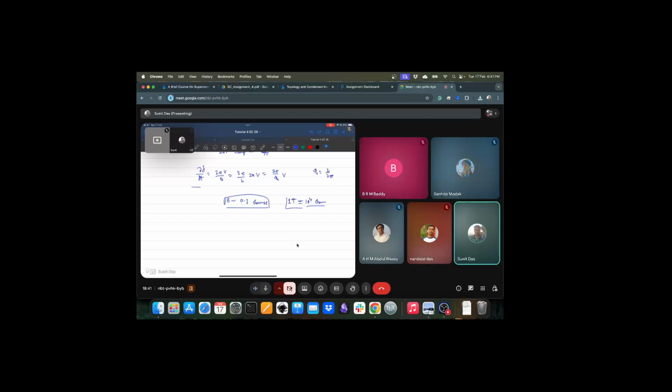We can go down to 0.1 Gauss using a Josephson junction, but using a SQUID we can go much below that.